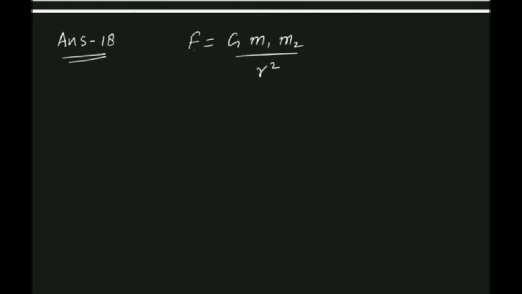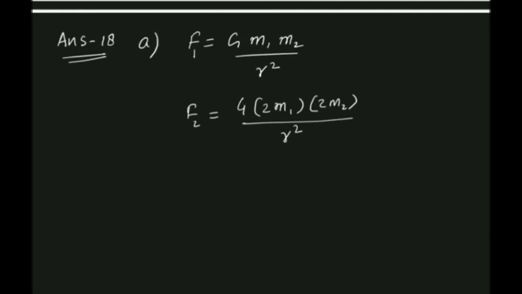So let's suppose this is the original force. Now what they are doing, they are making both the bodies with double masses. So 2m1 and 2m2, but the distance is the same, so it is r square. This is the 18th A part I'm solving.